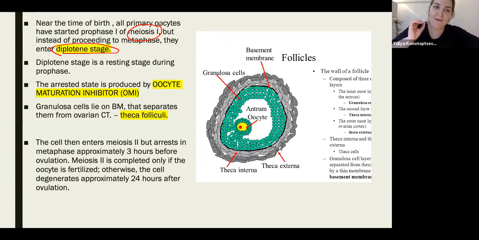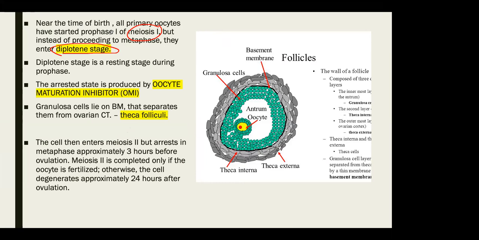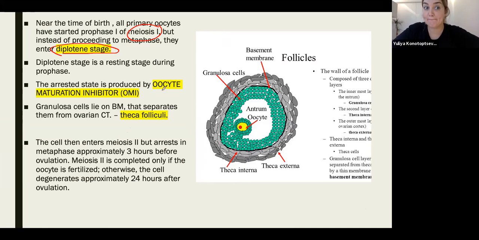But we arrest it in the prophase. Who arrests it in the prophase? OMI. Who secretes OMI? Follicular cell. Follicular cell, yeah. So follicular cell is the one who is secreting OMI, and as a result, it is arresting it in the diplotene stage.